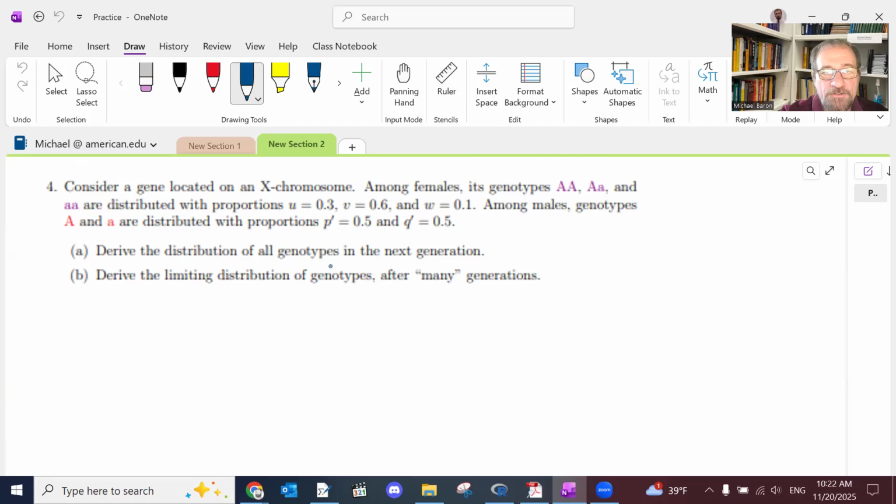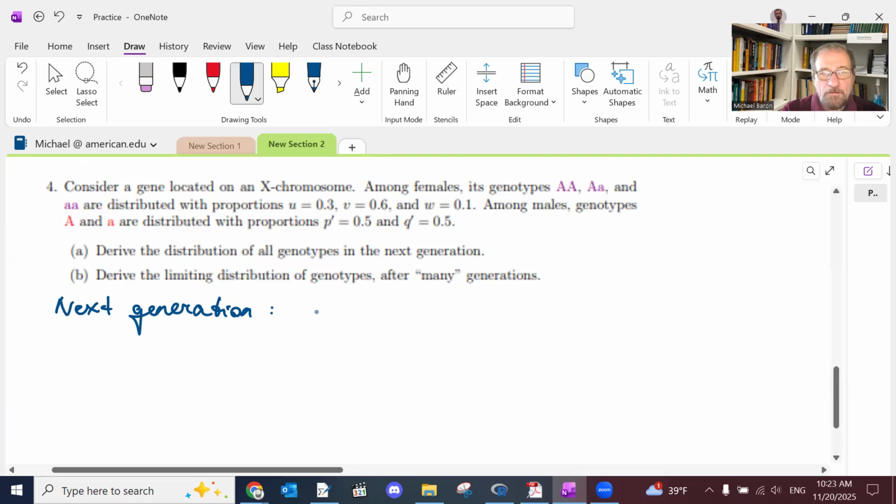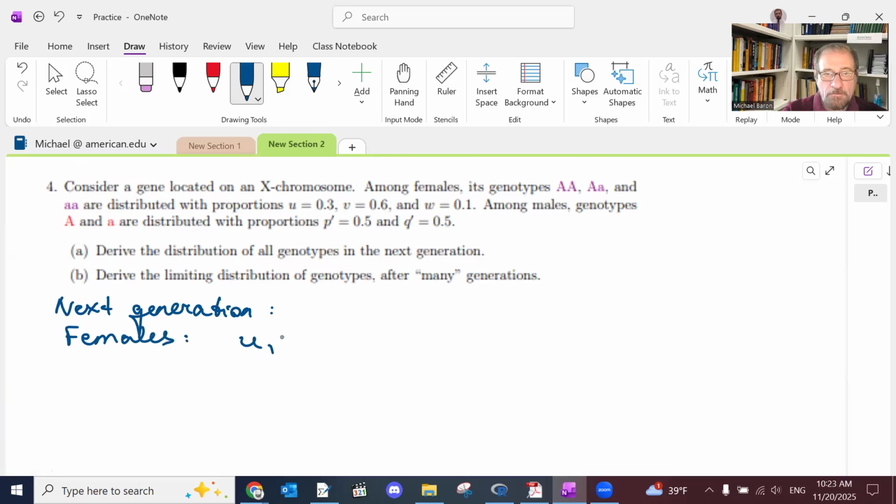Let's try to derive. So what will happen in the next generation? Okay, how about females? U1, proportion of dominant homozygotes. They need to receive dominant genes from the mother and from the father.